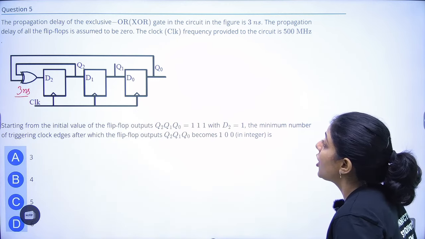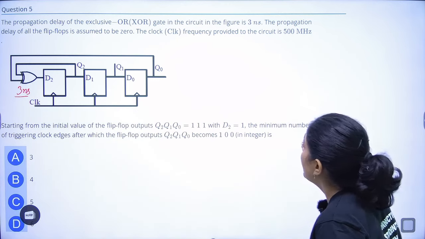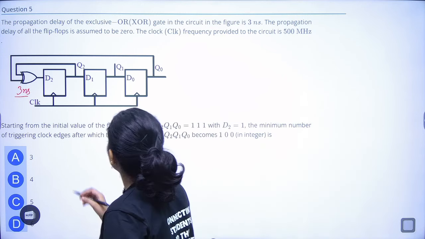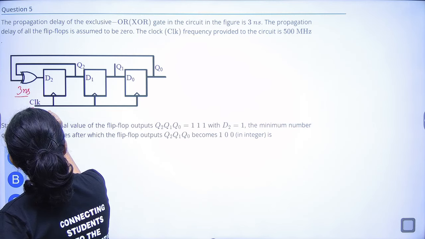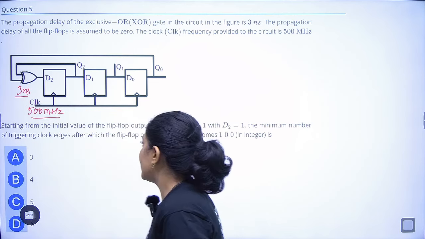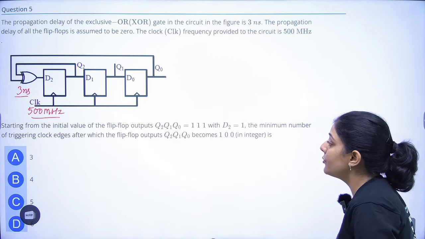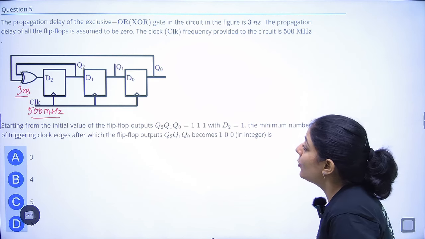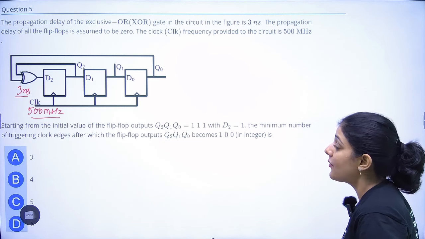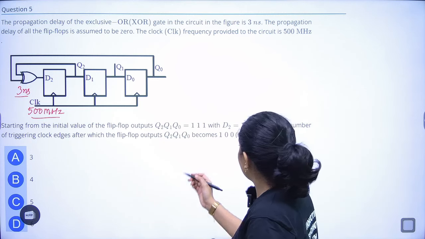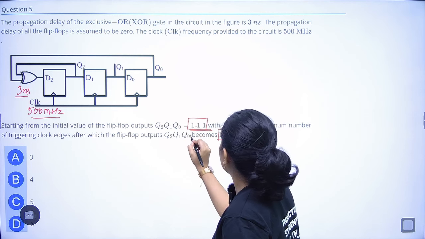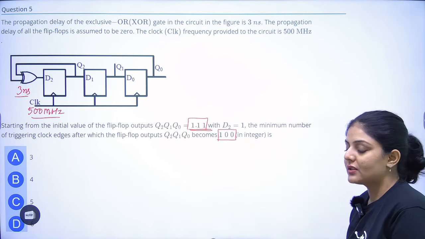The propagation delay of all the flip-flops is assumed to be 0. The clock frequency is provided in the circuit, so clock is 500 megahertz. Starting from the initial value of the flip-flops, which is equal to 111, with D2 equal to 1, you have to find the minimum number of triggering clock edges required to reach the final state. It started from this, it has to end at this, and you have to find the minimum number of clock pulses required to do that.